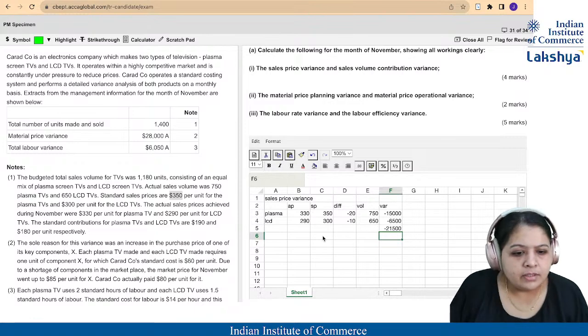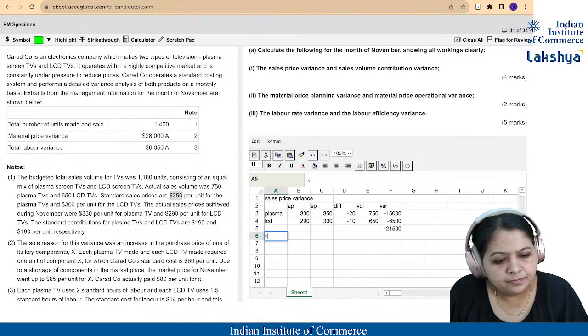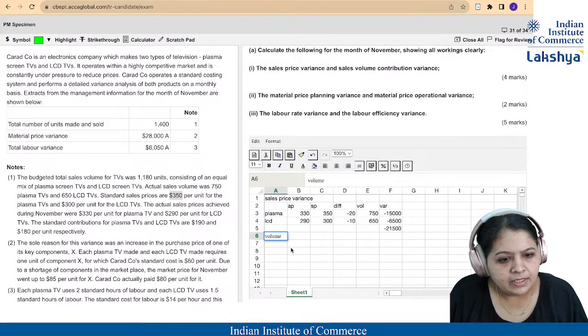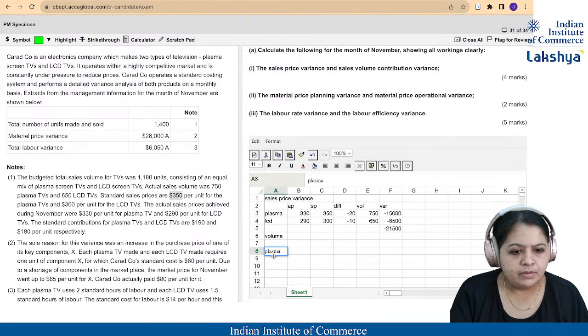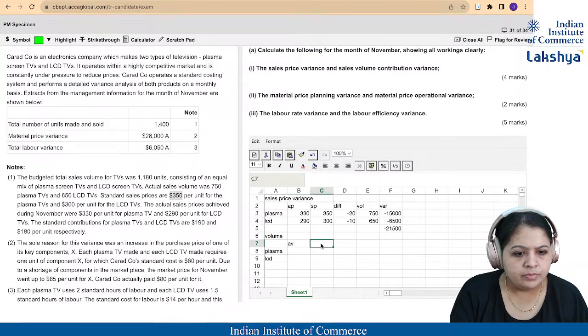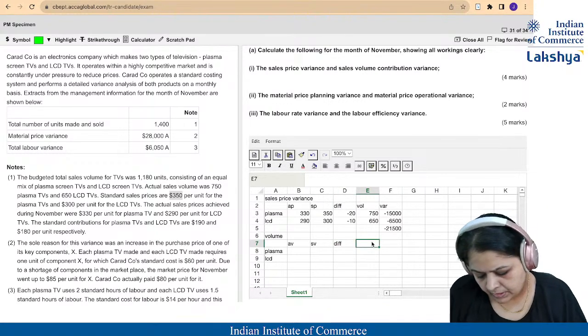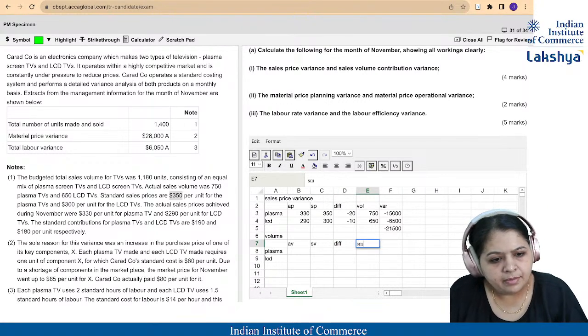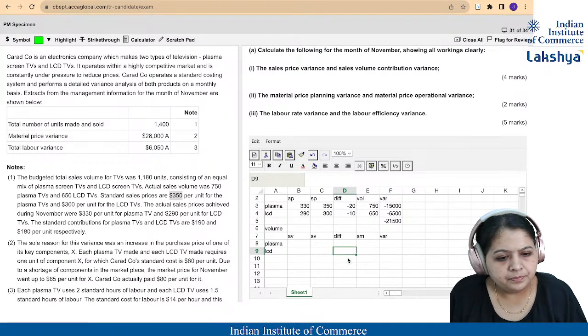Now let's look at the volume. Same plasma and LCD. I can also copy paste it from the top. So actual volume, standard volume, again the difference, and here we'll do a standard margin and the variance.